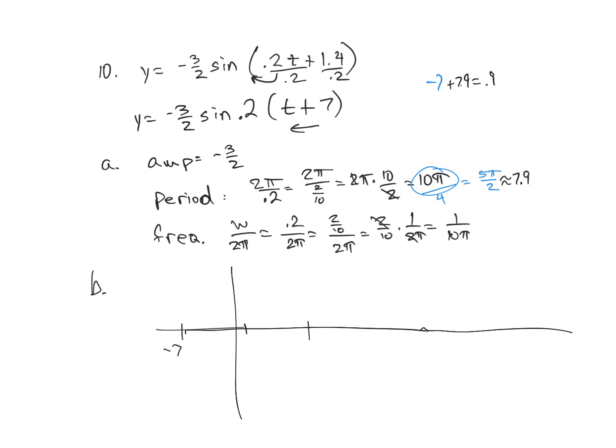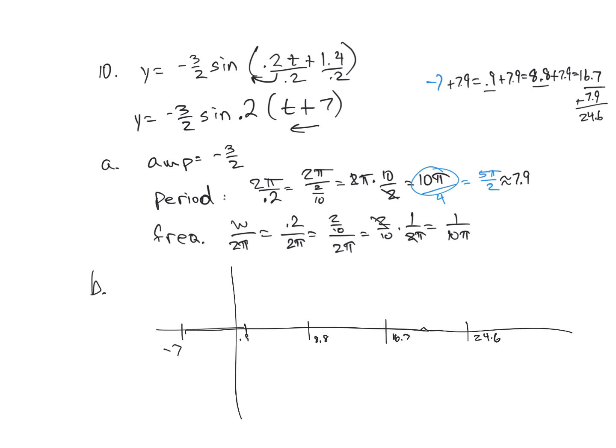All right, so 0.9 plus 7.9 is 8.8, plus 7.9 is 16.7, and one more is 24.6. Okay, so you converted that.